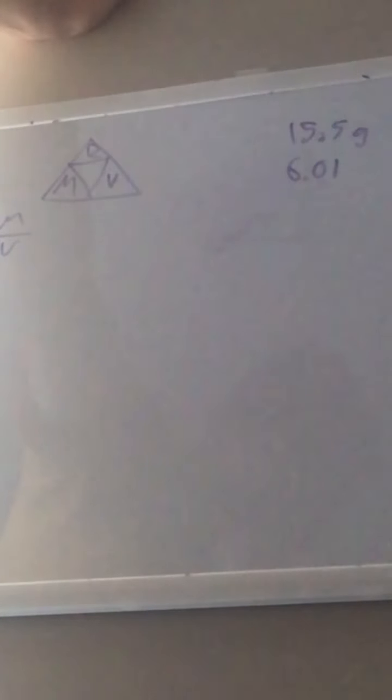Say that a piece of granite rock has a mass of 15.5 grams and a volume of 6.01 centimeters cubed. Centimeters cubed is how you measure volume.